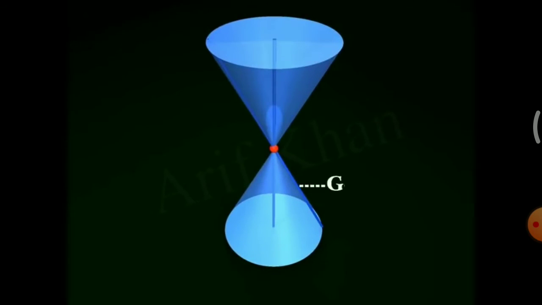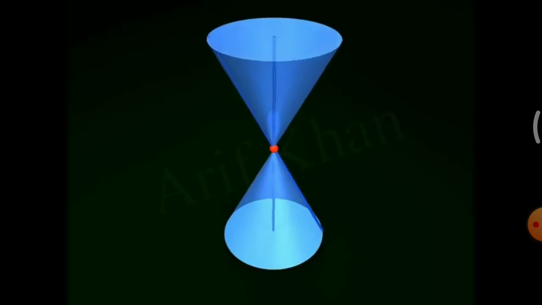The line that rotates about the axis is called a generator, and the line which remains fixed is called the axis. So all the students can know about it.